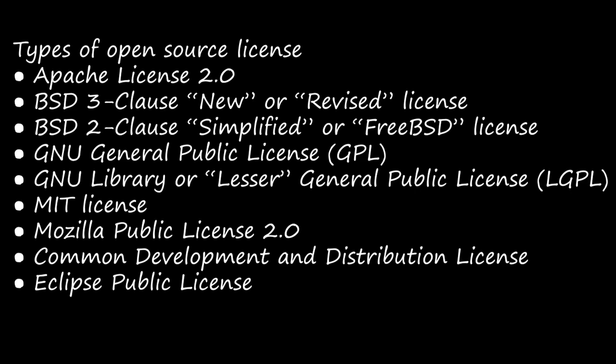Okay, the list again: Apache license 2.0, BSD 3 clause, BSD 2 clause, GNU general public license, GPL, GNU library or LGPL, that is lesser general public license, MIT license, Mozilla public license 2.0, Common Development and Distribution license, Eclipse public license, right?